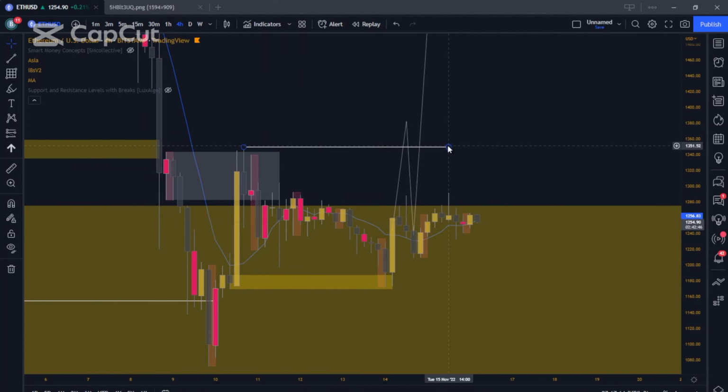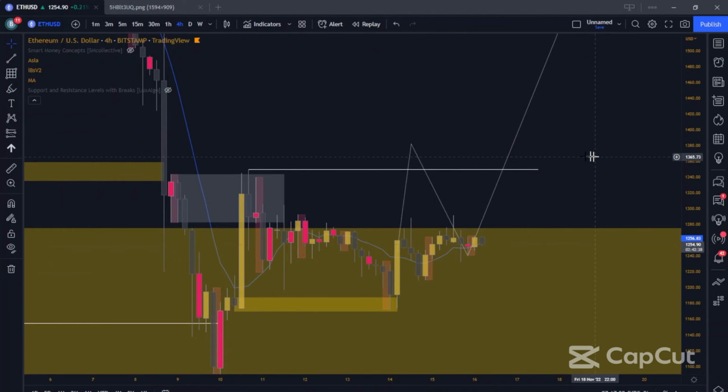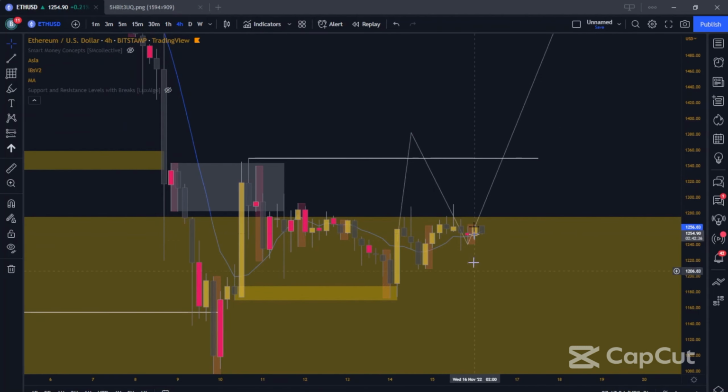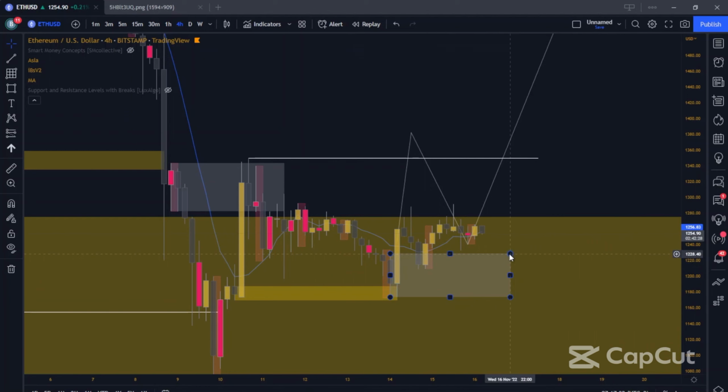So if this structure gets broken up here, we can fully expect the demand chain to be at play. So we can expect longs from this demand that may get created once we get this break of structure.